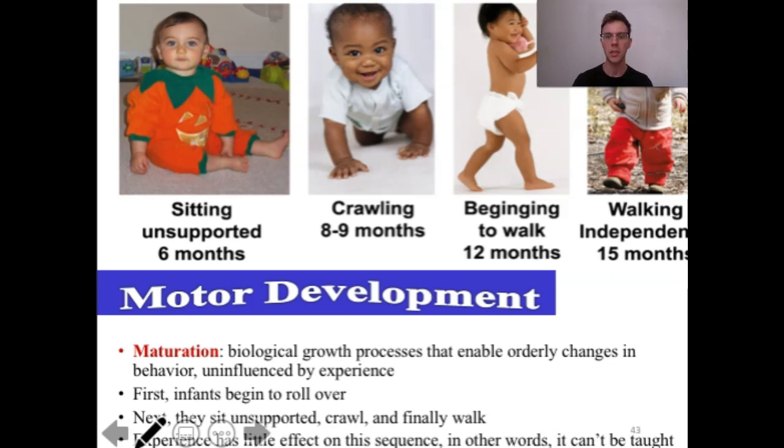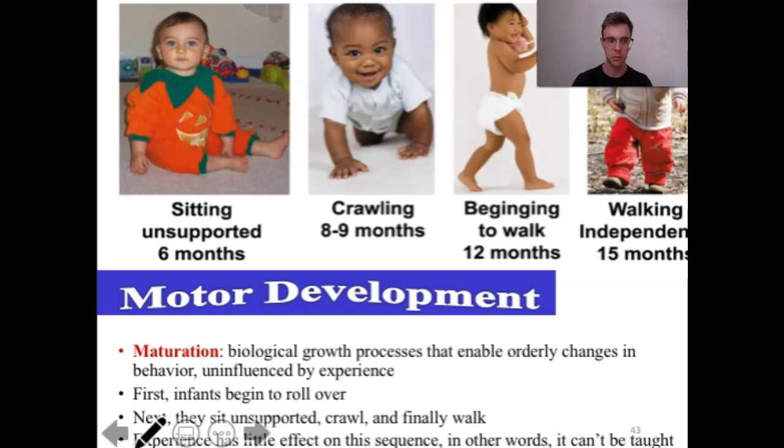Okay, so yes, while firsthand experience does somewhat help aid and shape us, maturation is incredibly important for our physical, cognitive, and social abilities. So, for instance, in this case, we're looking at motor development.